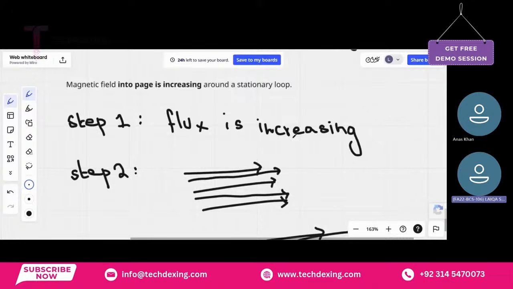To oppose the increase, the system tries to decrease the flux. And how can it actually decrease the flux? By creating an induced magnetic field in the opposite direction to the original magnetic field.